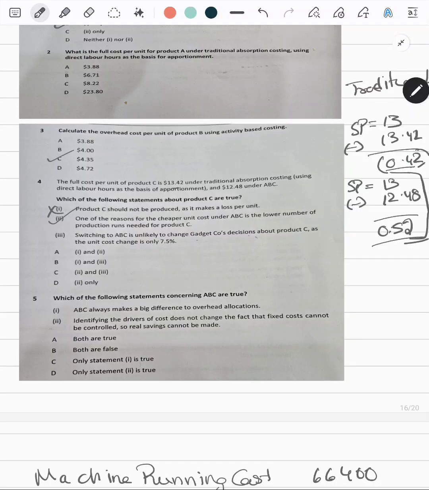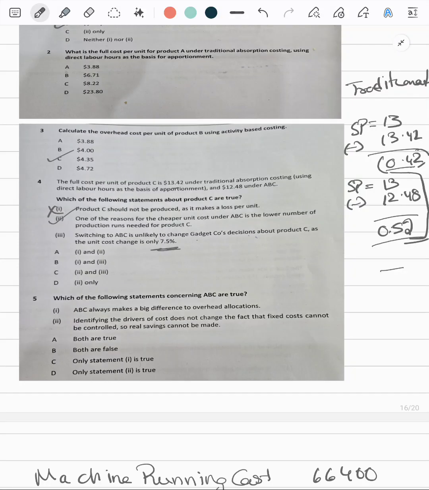So switching to ABC costing would definitely result in a gain. But is this gain 7.5%? No, it seems to be very minimal. I do not feel this statement is correct, because it is clearly visible that it is not producing 7.5% of savings or gain. So is the unit cost change 7.5%?